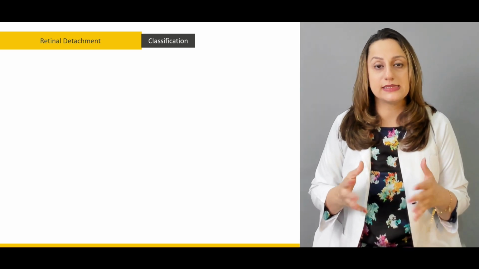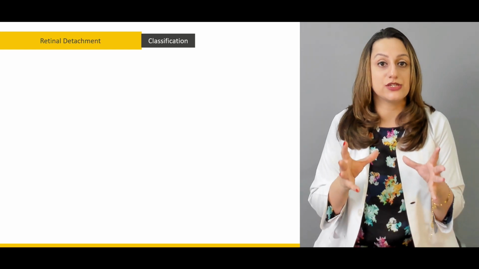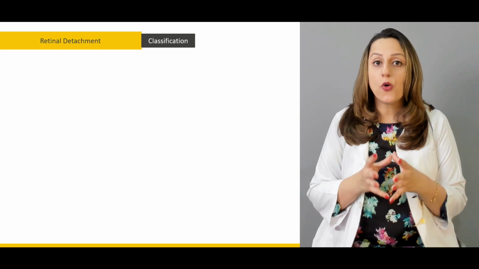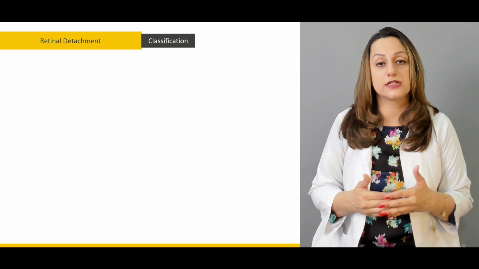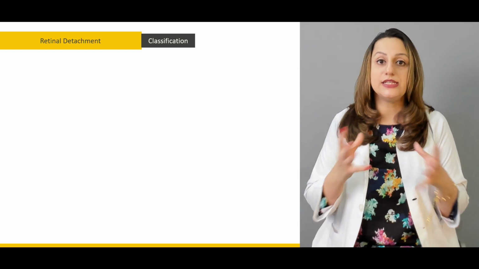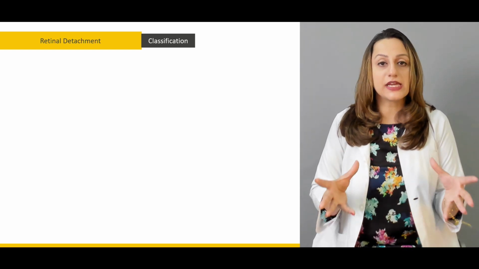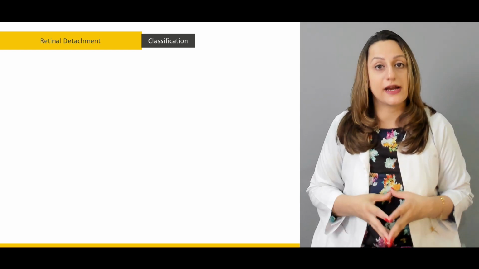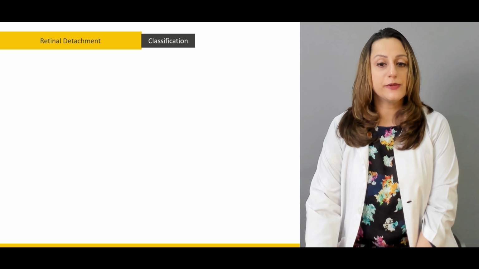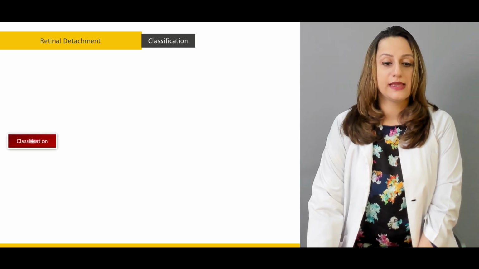Etiological basically means the underlying causes that give way to this kind of retinal detachment, or the accumulation of certain kinds of fluids or exudates between these two layers. So the classification is depending upon the causative factors over here. We'll be discussing this classification.